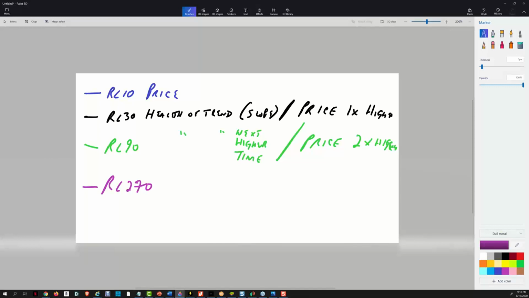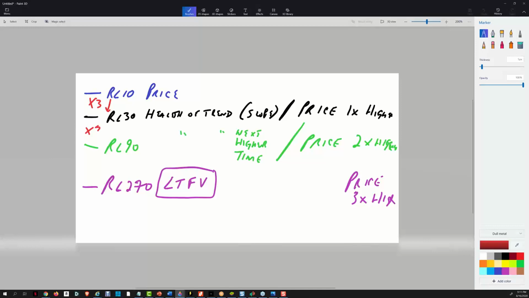The RL270 is the price 3 times higher. That's where that fractal nature comes in. So the RL270 is long-term fair value. Because remember, the RL10 times 3 gets you to the RL30.